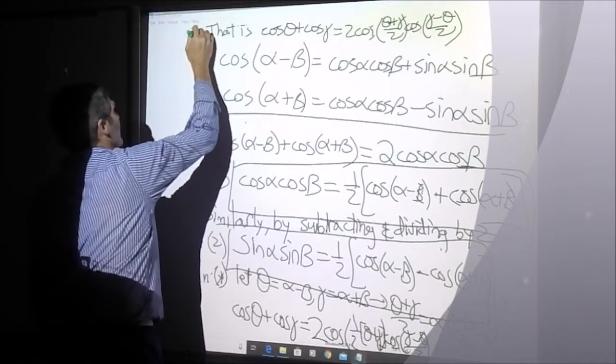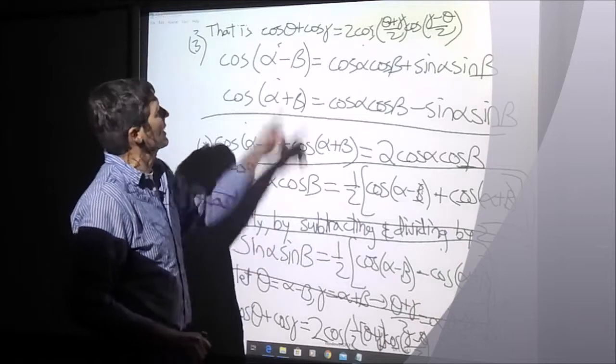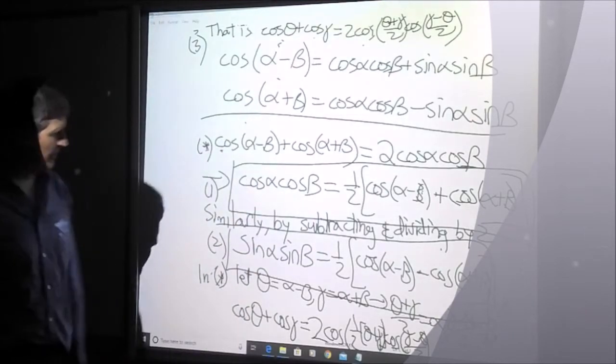Alright, so there's number 3. That's one of the sum to product identities. You can take a sum of trig functions and rewrite them as a product.